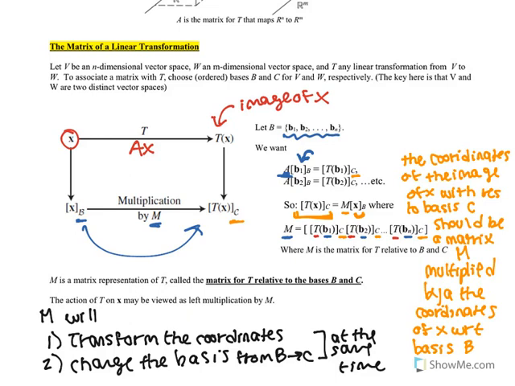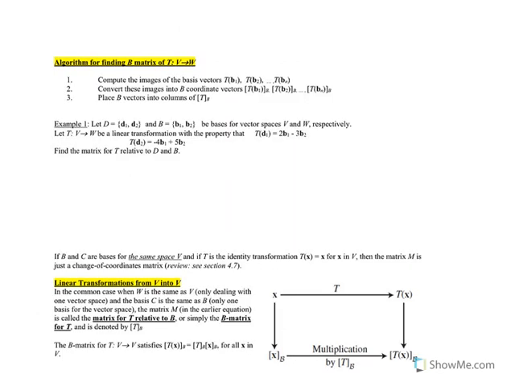Now we're going to use 3 steps, and if you're looking at the field notes, I need you to make some changes because I made a typo. In order to do this, we are going to do basically exactly what we did to change the basis before, with one extra step to use the transformation. So first, transform all vectors in basis B, B1, B2, all the way up to Bn, and put them through the transformation.